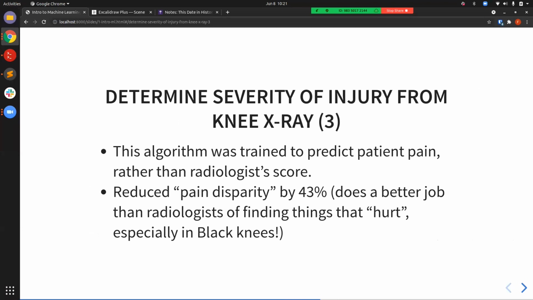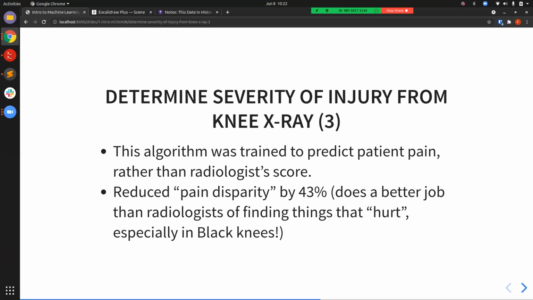And actually, it reduced the pain disparity, meaning looking at an X-ray, it was able to identify this patient is in a lot of pain in cases where the radiologist would have said this is not a severe injury. So this machine learning system was trained on a different target variable, as we say.